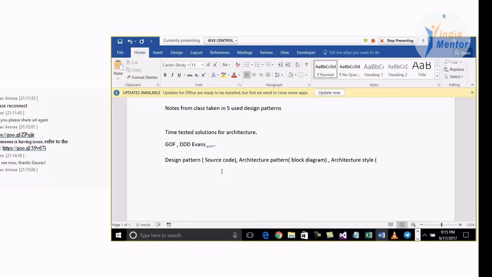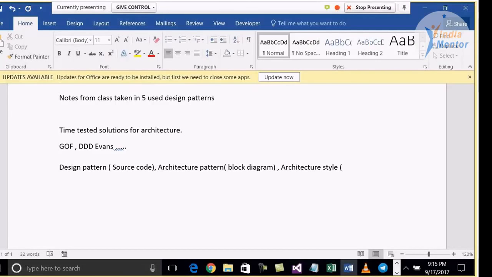And then finally we have the architecture style. These are, I'll not say rules, but these are like definitions. For example, REST is an architectural style which says follow HTTP.